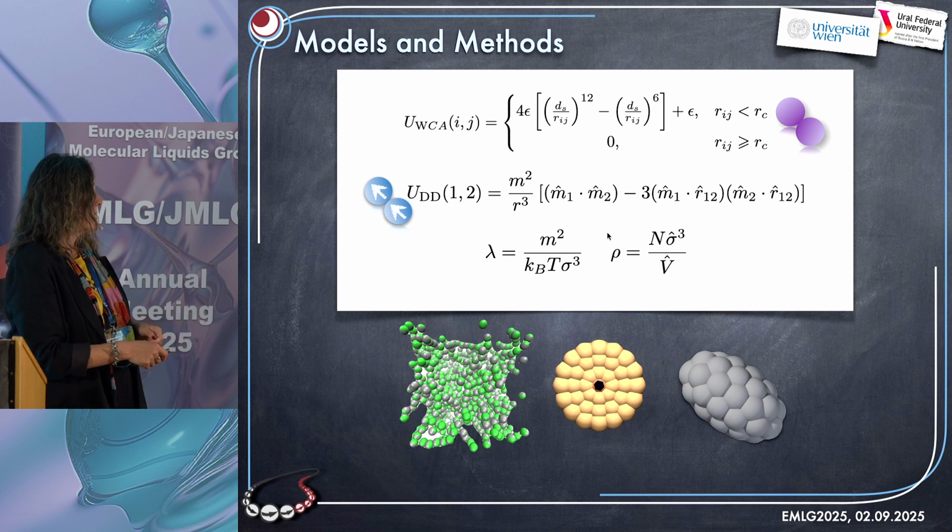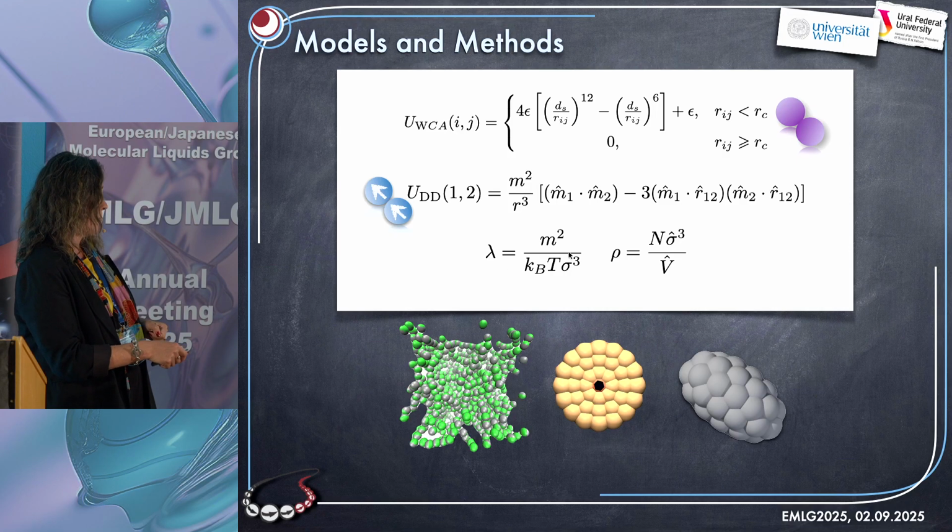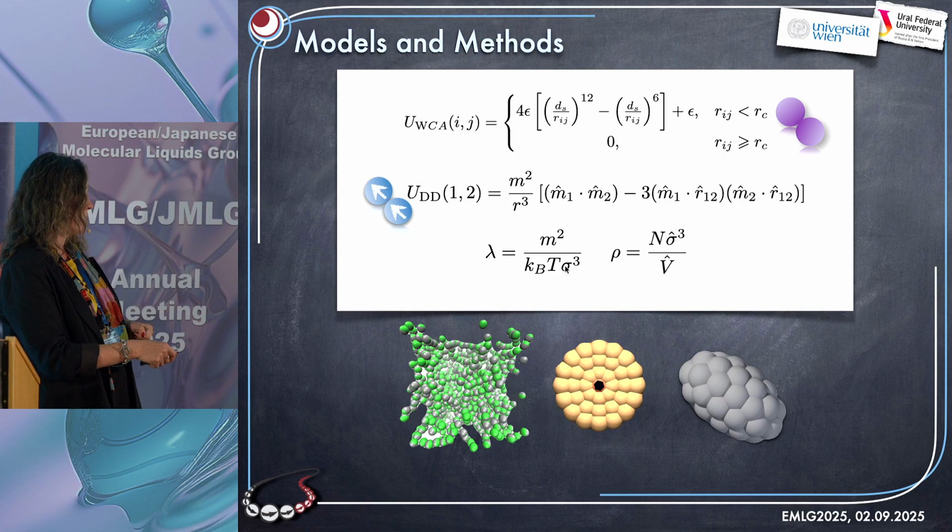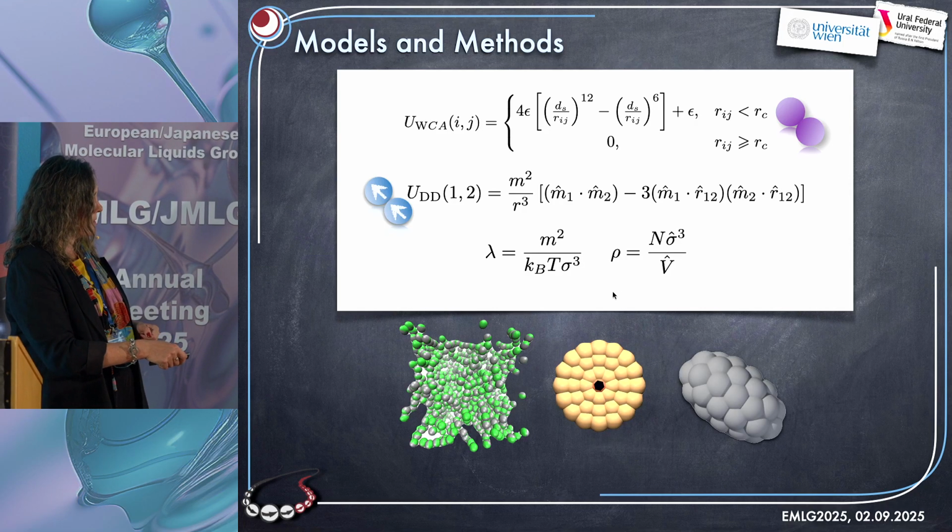In this situation, my system can be characterized by two important parameters that I want you to remember. One is the so-called lambda parameter, and it characterizes the dipole interaction. So the interaction of two contact dipoles, whose value is m, to thermal energy, and divided by size. So it's a dimensionless ratio of dipole interaction to thermal energy. And the second parameter is the concentration.